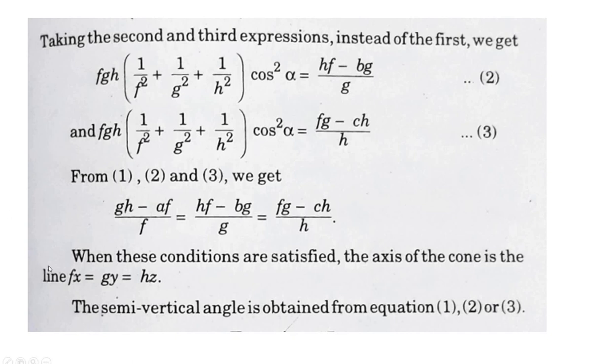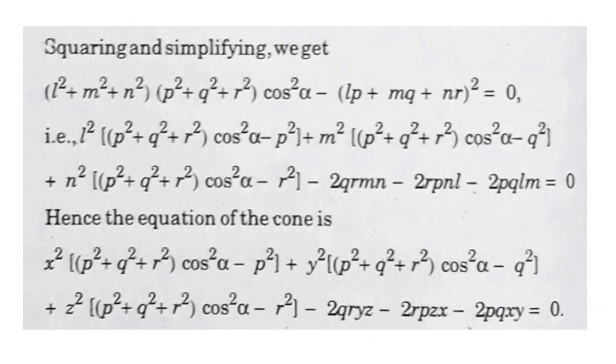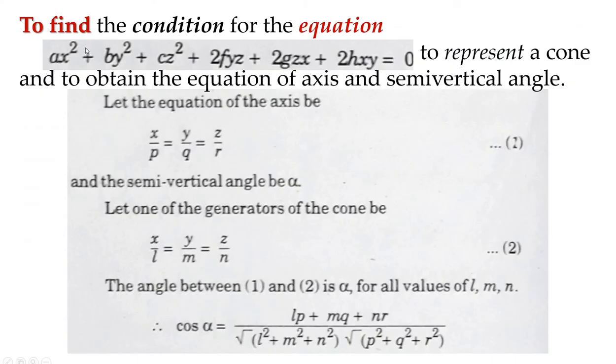And the condition satisfied ஆச்சுன்னா, then equation of the axis will become like this: fx equal to gy equal to hz. So our job is to find the condition for the general equation இது represents a cone and to obtain the equation of the axis and semi-vertical angle.